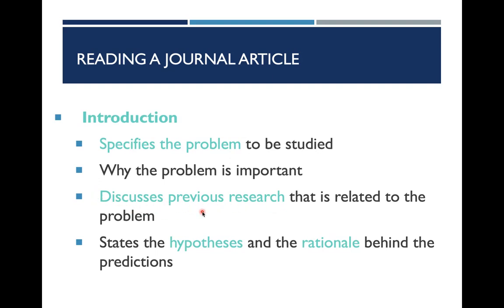So imagine if you were a physicist and you're interested in something about the gravitational pull of Mars, right? You don't have to go all the way back to what is gravity, right?